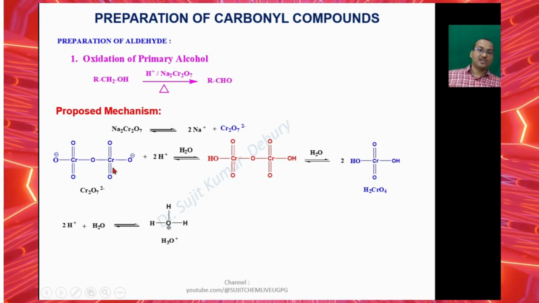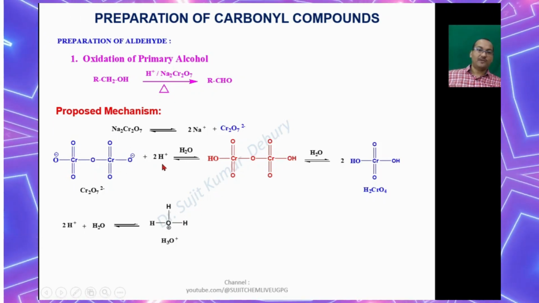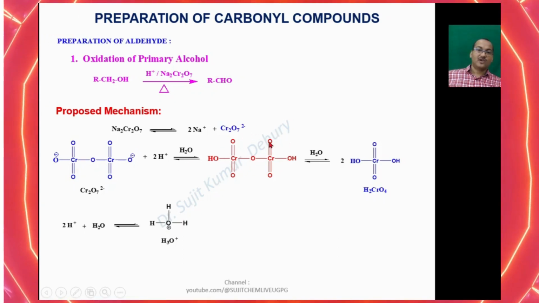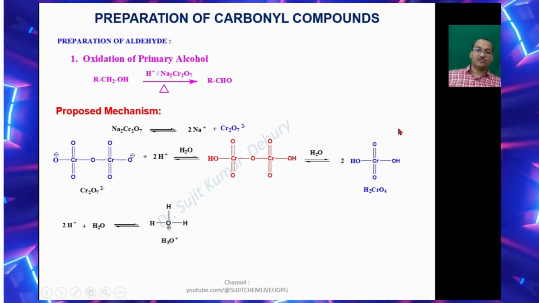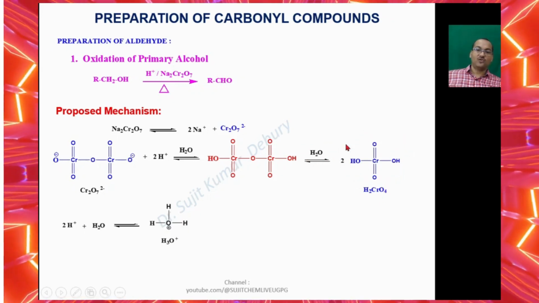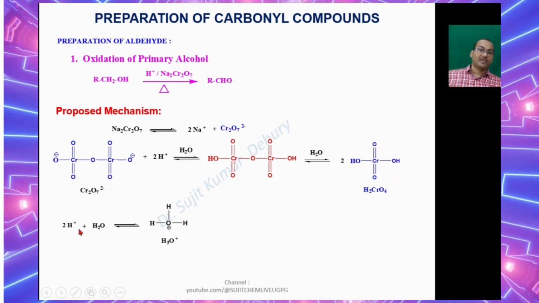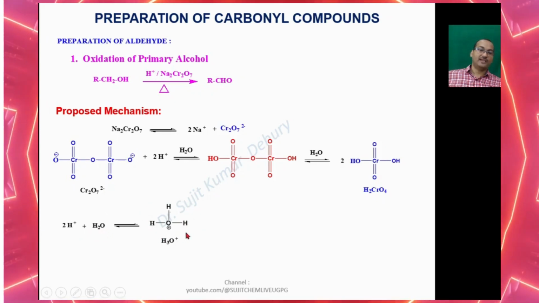This is the structure of the Cr2O7 2 minus ion. It accepts the proton from acid, giving rise to H2Cr2O7. This compound breaks down in the presence of water, giving rise to H2CrO4. This is the intermediate responsible for the reaction. Then H plus can react with water, giving rise to the hydronium ion H3O plus.